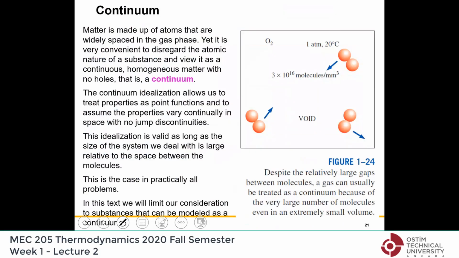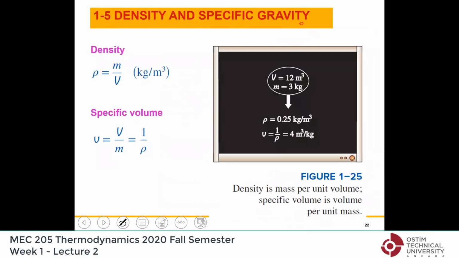And also, we assume the properties are homogeneous. Normally, what do we have? Let's say we have really vacuum. That is, we have atoms in the air at certain places. And if you take an atom, like oxygen, and look at the inside, we have the nucleus here, something very small.